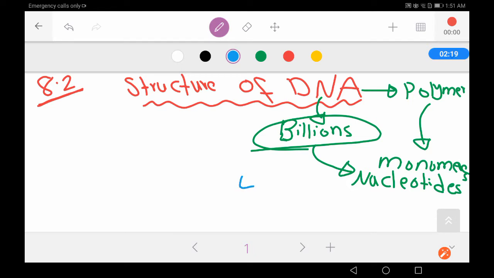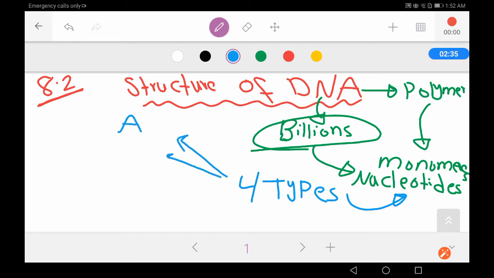We have only 4 types of those nucleotides, and we know that these 4 types are adenine, thymine, guanine, and cytosine. Okay, so DNA is made up of nucleotides.